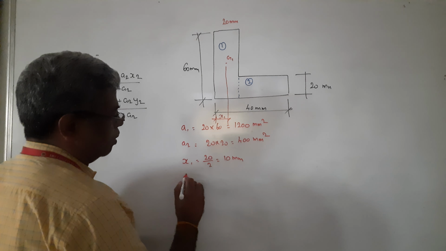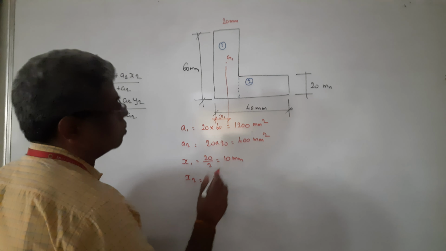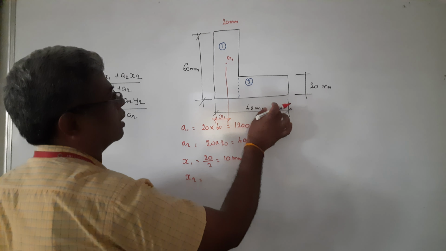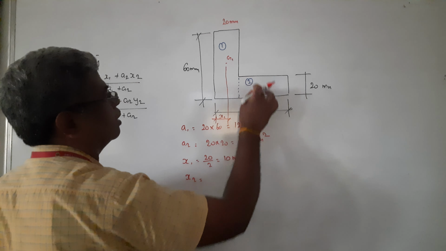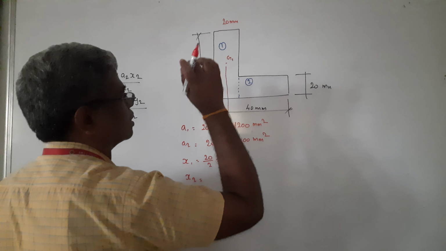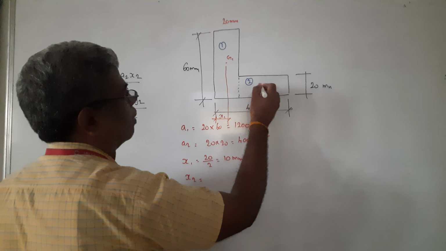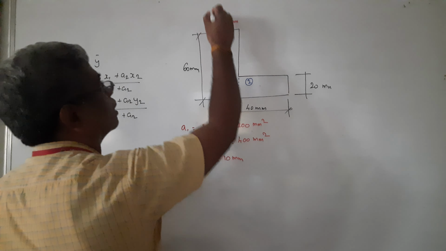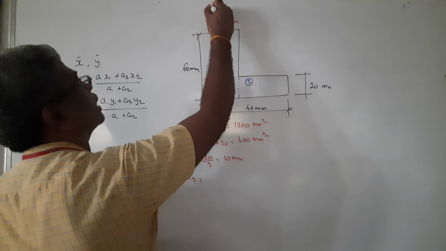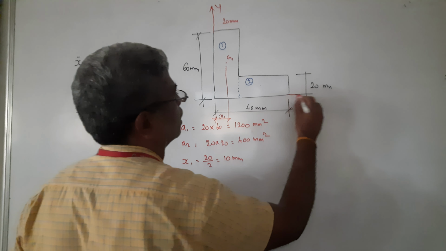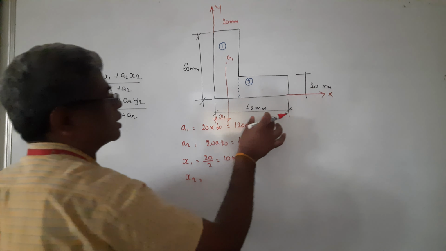Similarly, x2 is the horizontal centroidal distance of the plane figure from this. So from this point you read the value, because this is the reference axis. X and y is the reference axis.